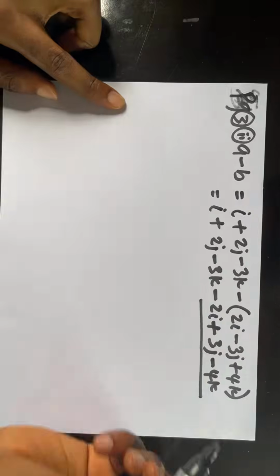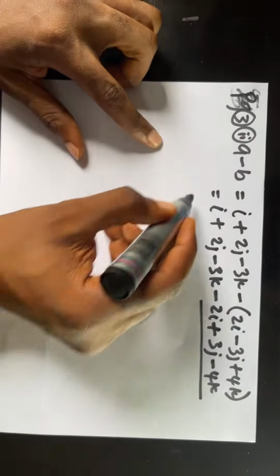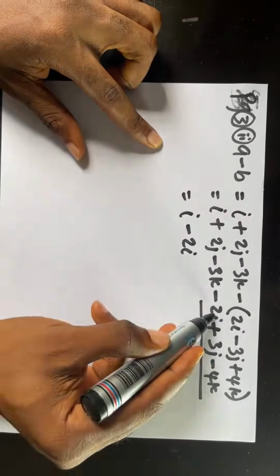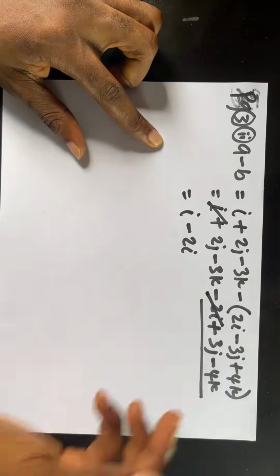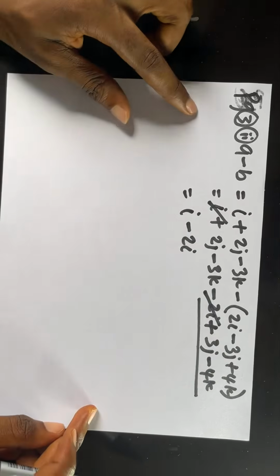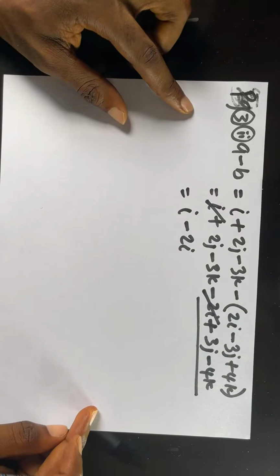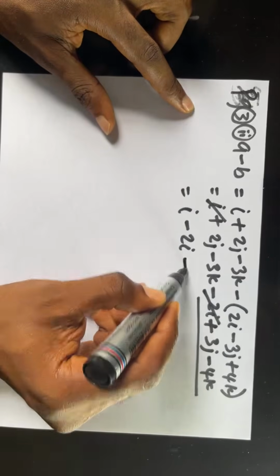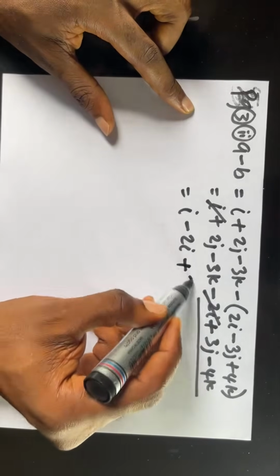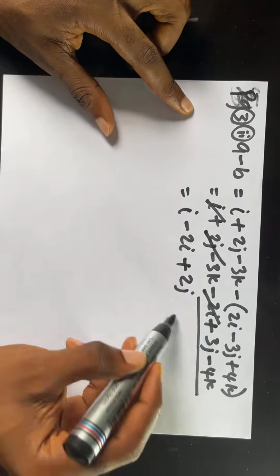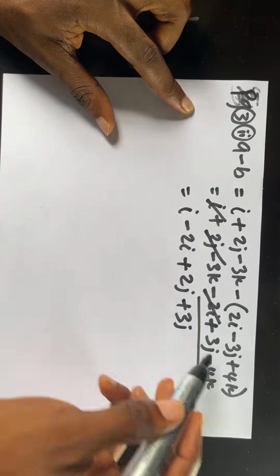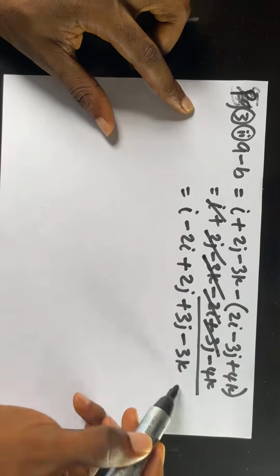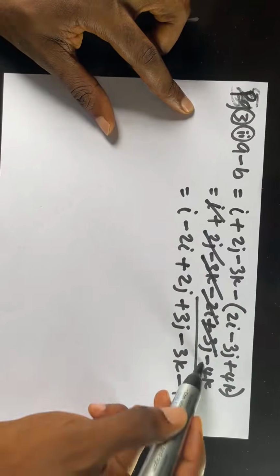So the next step here is we collect like terms. So therefore, my I minus 2I. Sometimes it's better you cross it so you don't get confused. And due to time, when solving problems in your exam, you need to be very, very fast. So plus 2J plus 3J, minus 3K minus 4K.